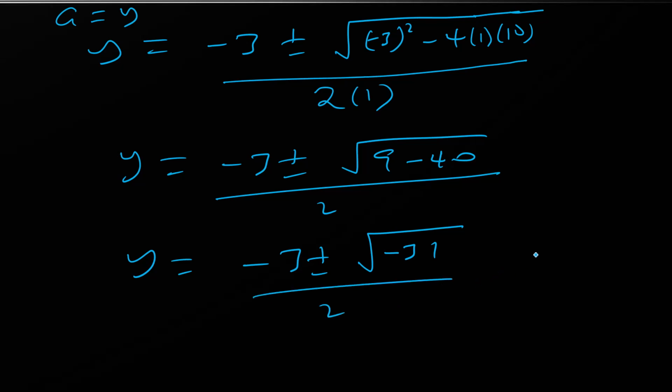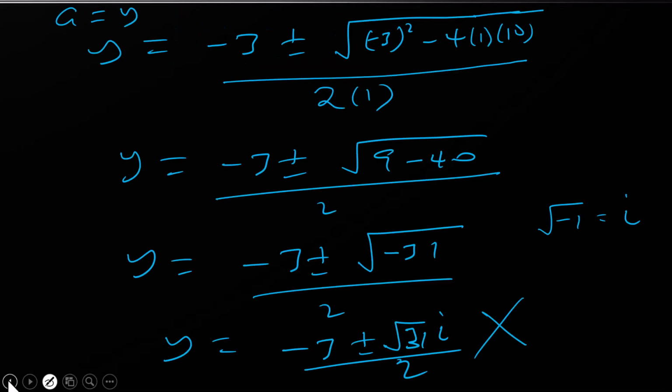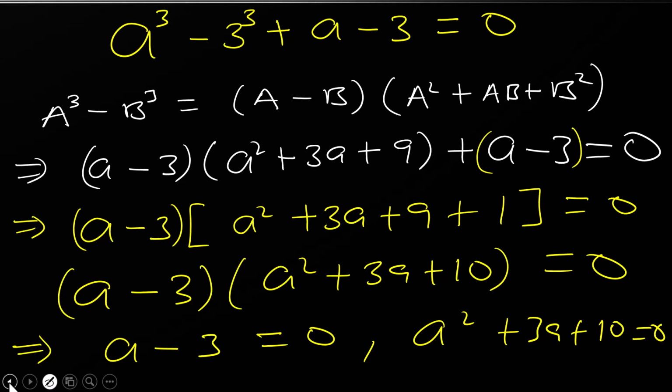This one will be complex because the square root of minus 1 is i. So that will be minus 3 plus or minus the square root of 31 i over 2. So this one is complex. Let's ignore it and move on to when a equals 3 and find the value of x. Let's stick to the resolution, a equals 3, and look for x.